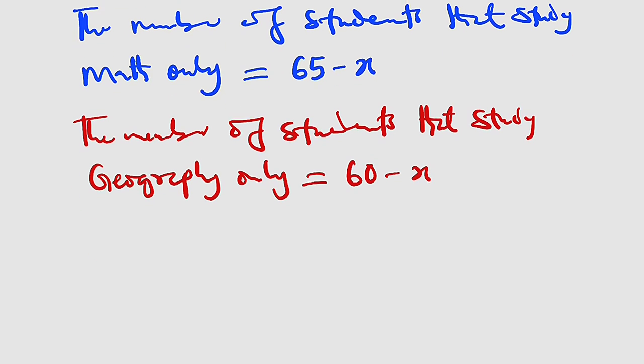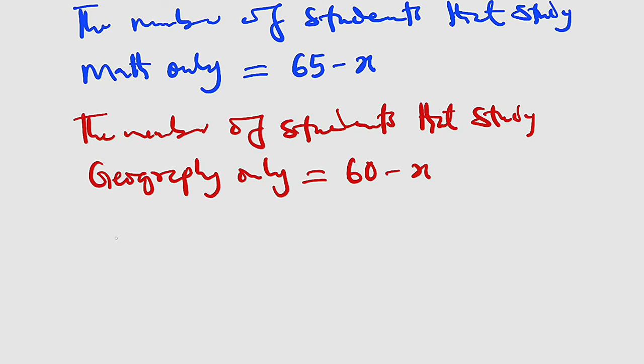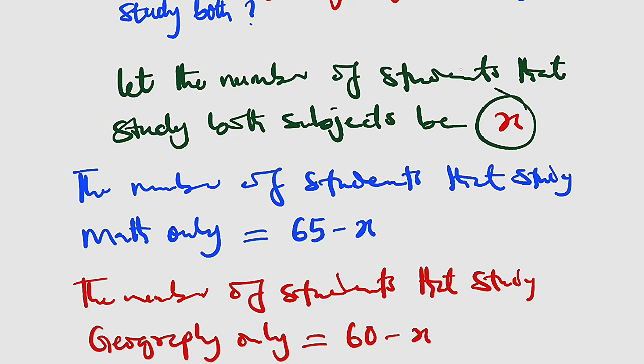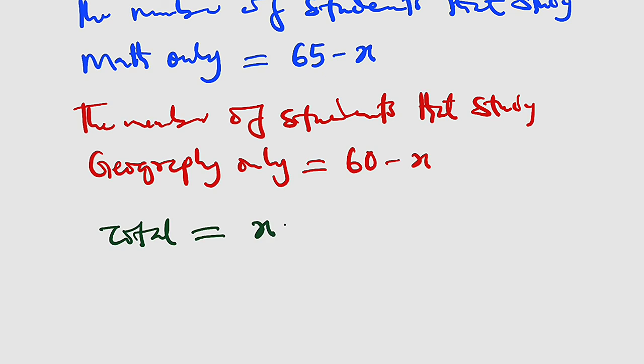Can you see that? Then total number of students, total, will be equal to, we have x, that is for the both, you see that here, then plus 65 minus x, then lastly 60 minus x. This is the total number of students.